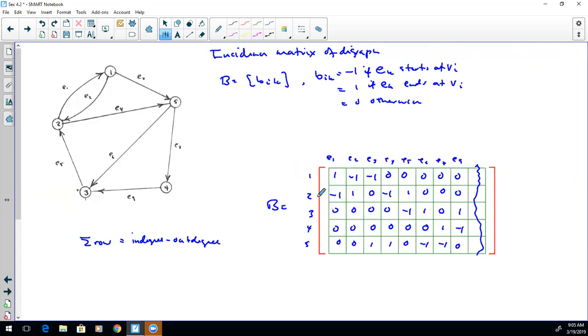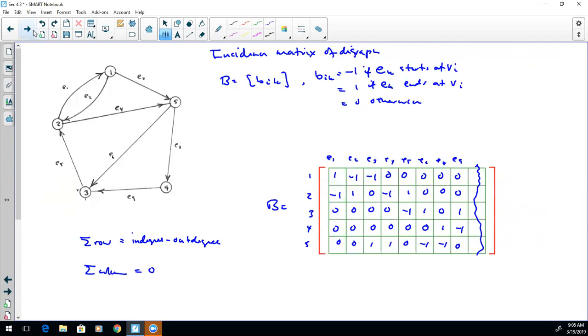So what that means is there's one more thing leading out than leading in. And also the sum of a column should be 0, because every edge goes from one place to another. And that's what each column corresponds to, an edge.